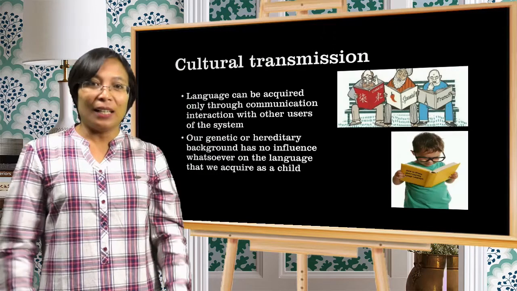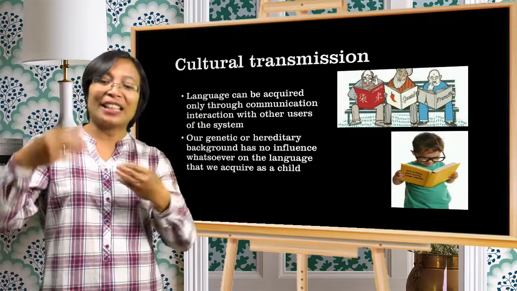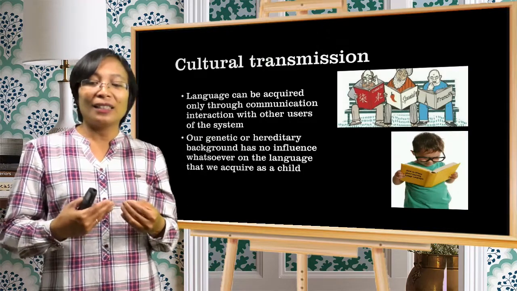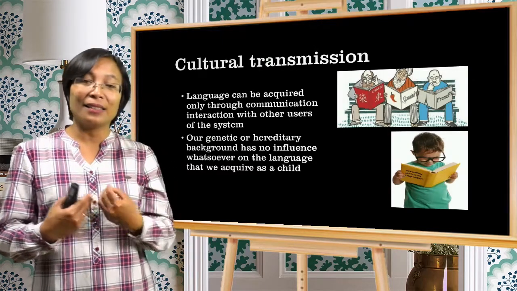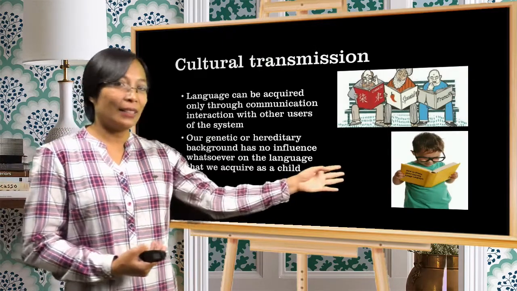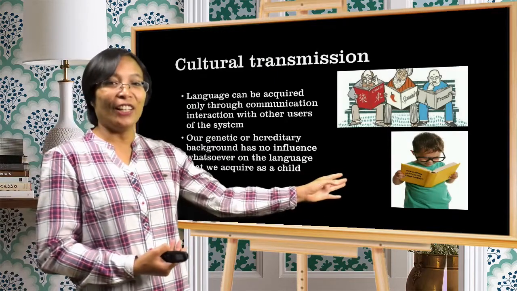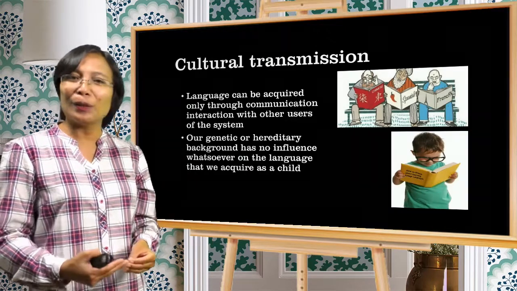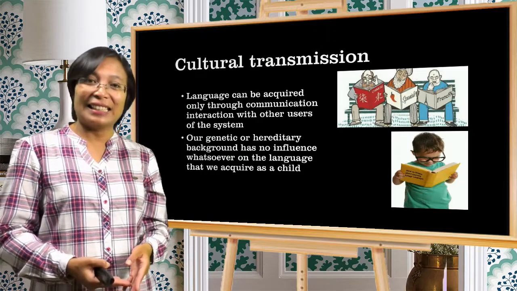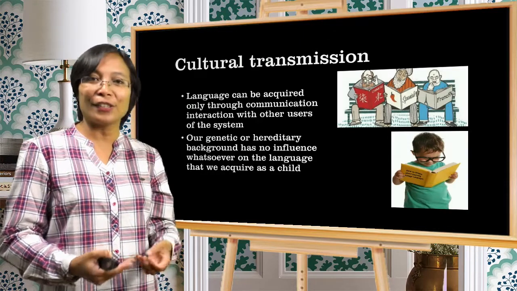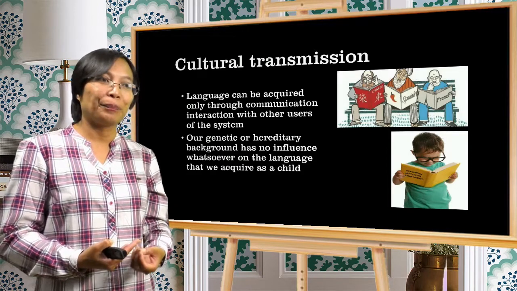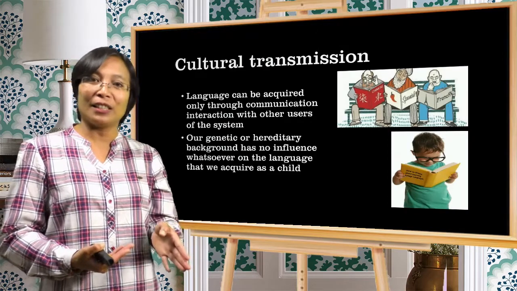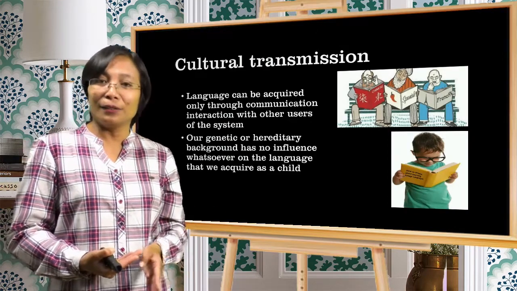So our mind, our genetic or hereditary background, has no influence on the language that we acquire as a child. For example, look at this child. If this child is born in Klaten, for example, then maybe he will acquire Japanese and Indonesian as the first language, especially if the parents decide to introduce Japanese or Indonesian as the mother tongue of their son.